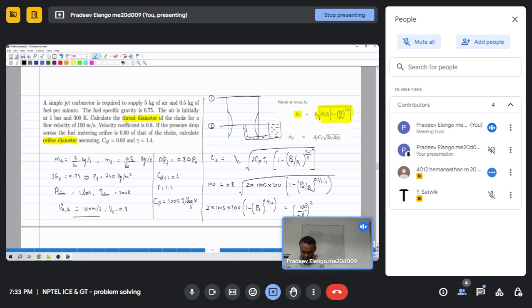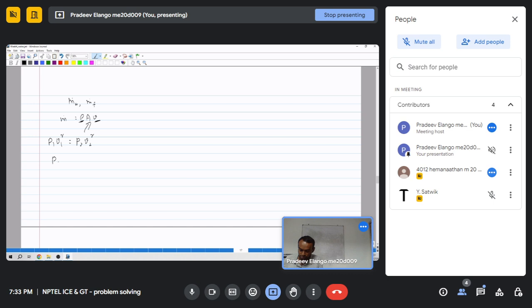We know this is P1, atmospheric pressure and temperature. We need to just calculate V1, right? So we can use the ideal gas equation, P1 V1 equal to RT1. If you put specific volume, then it will be RT1.